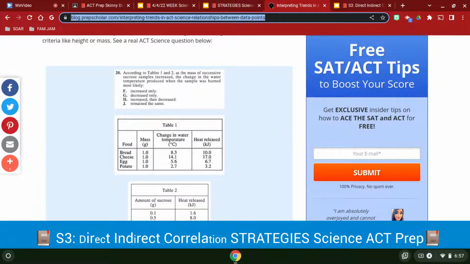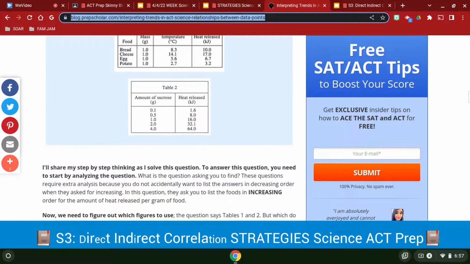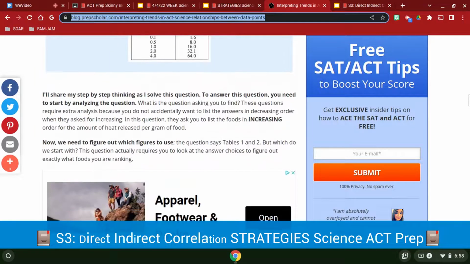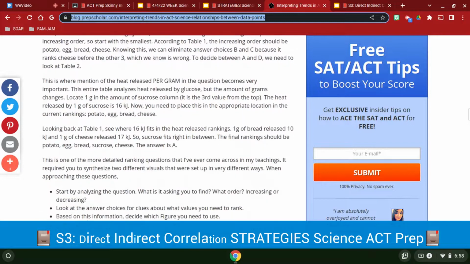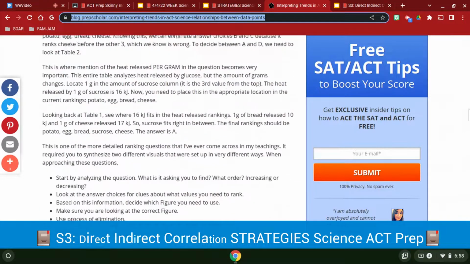The same goes for anytime you see something that is going to be ranked, that you maybe put something out to the side denoting which one is the highest and which one is the lowest. Because there are some questions that are going to ask you about increasing order or decreasing order or something like that, so you'll have to pay attention for those things as well. And then mark it up, mark it up.